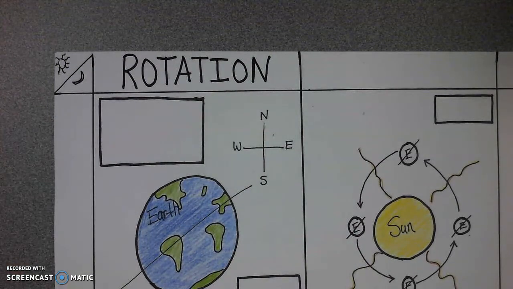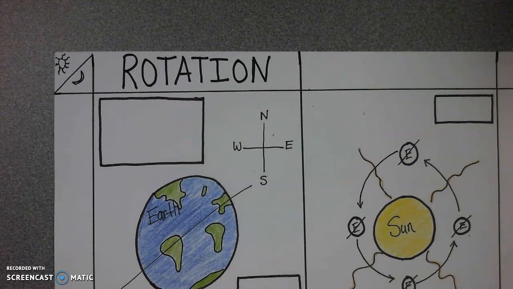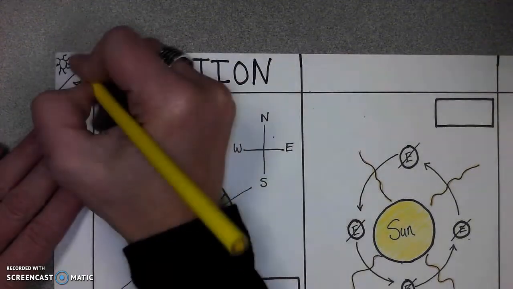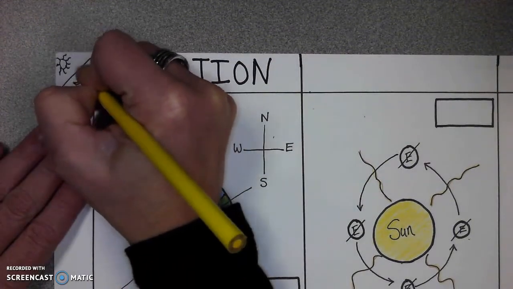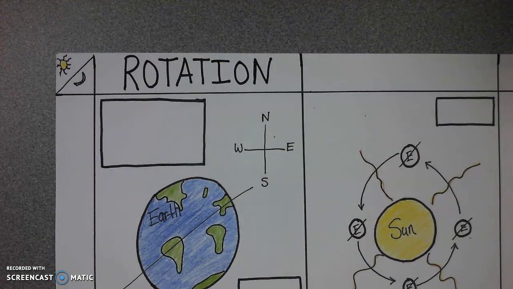Like I said, you can make it as colorful as you want, or not colorful at all. I'm just going to do this real quick and call it a day. Okay, so we have our little moon and our little sun.